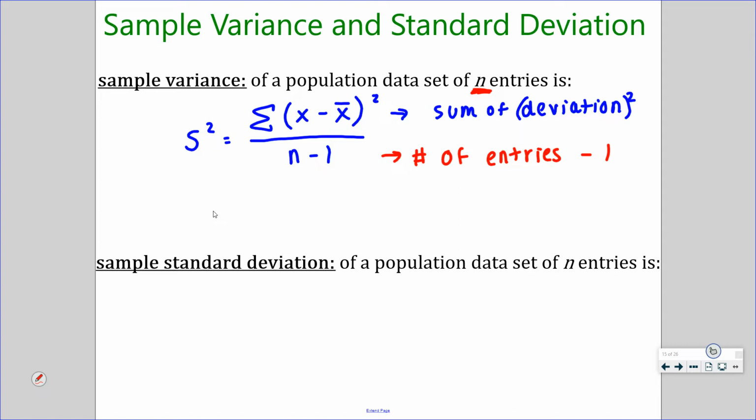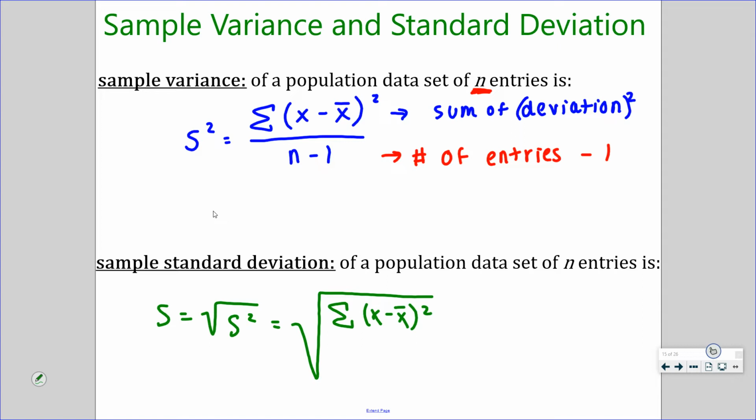So then the standard deviation is still the square root of that. We just take the square root of that variance. You can still, if you want to, write the mean, it's up to you.